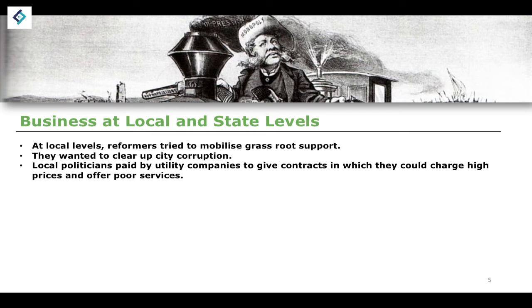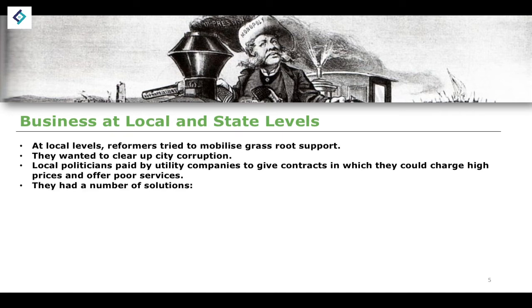Because essentially when you have business in bed with government and with politicians, they are able to instigate unfair practices and they're able to get legal reform to allow them to do so. So when we see that local politicians were paid by utility companies to give contracts in which they would charge high prices and offer poor services, you can see here that that would greatly benefit business, but would not benefit in any measurable way the consumer.